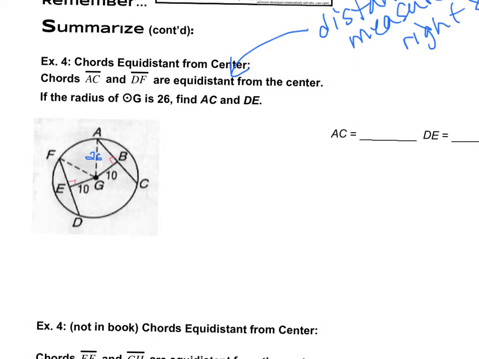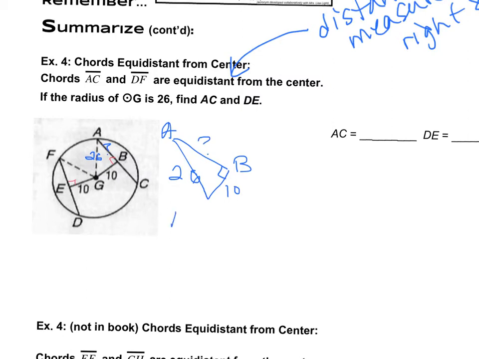Then I've got a chord that I know that I can find of AC here by first finding the length of AB. Okay, so we've got a right triangle where I know 10, and I know the hypotenuse of that right triangle is 26, and I'm being asked to find AC, but first I would need to know AB to get there.